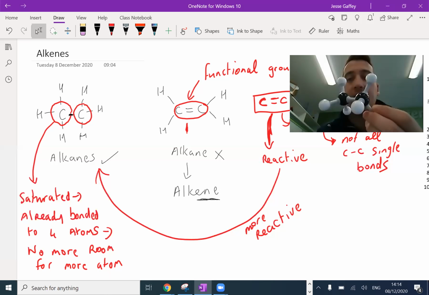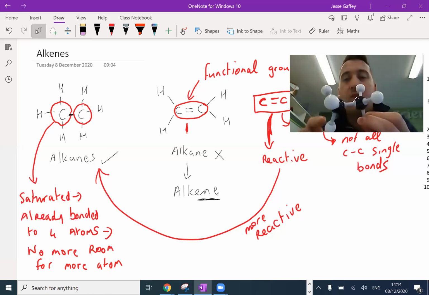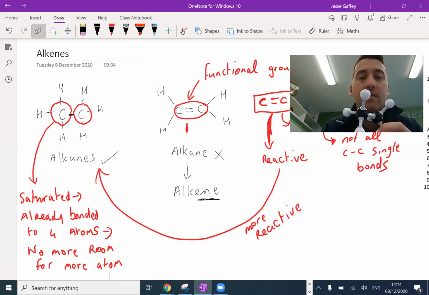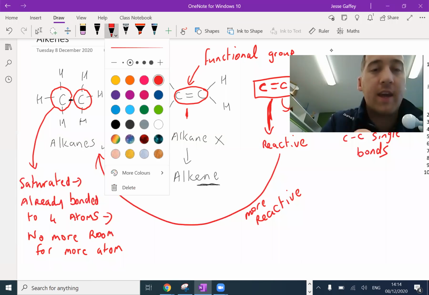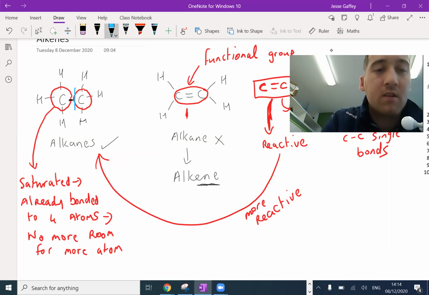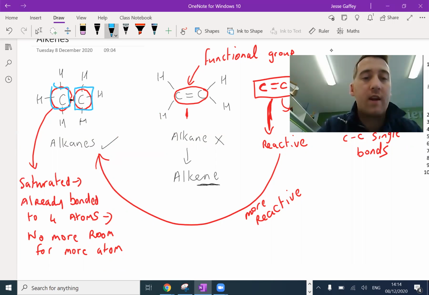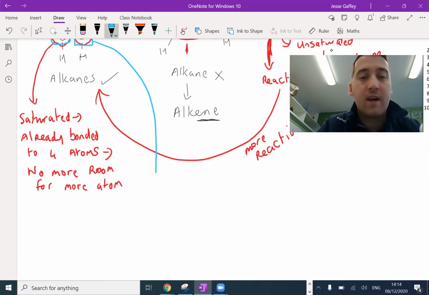We say that if a central carbon is bonded to 1, 2, 3, 4 atoms, I'm going to highlight that using a blue square. So this carbon and this carbon are both attached to 4 different atoms.